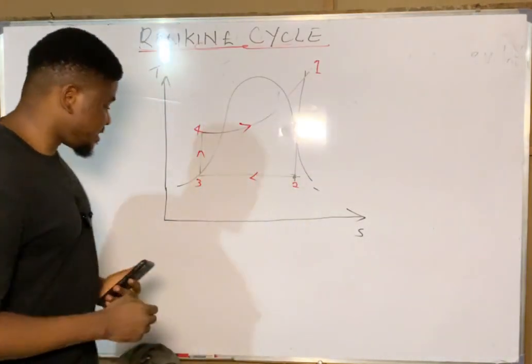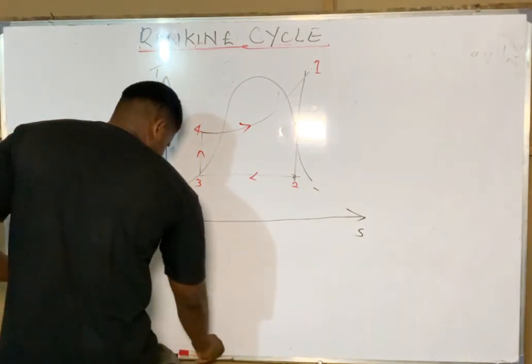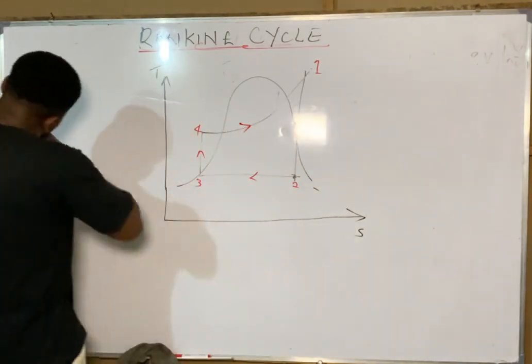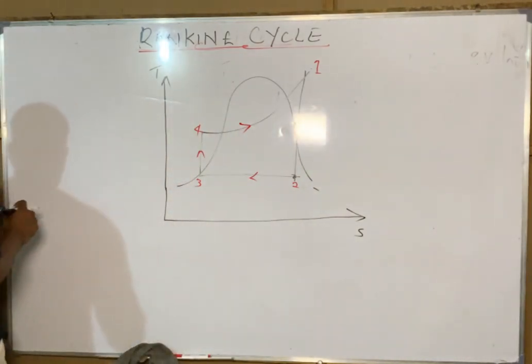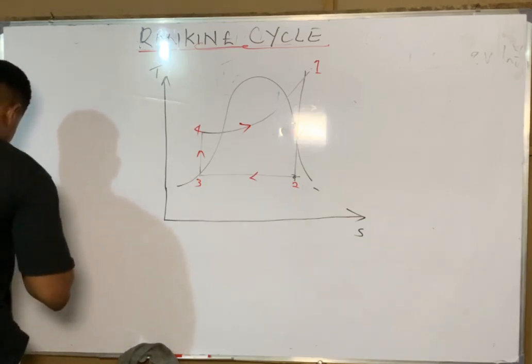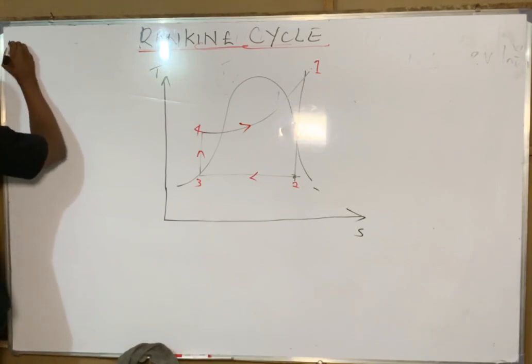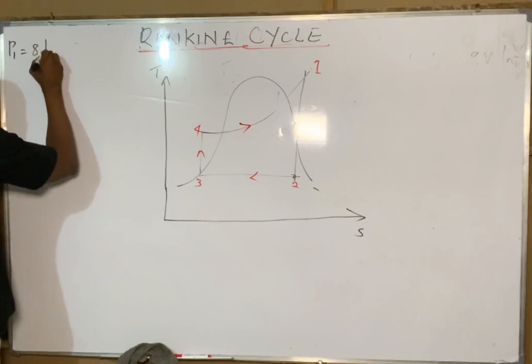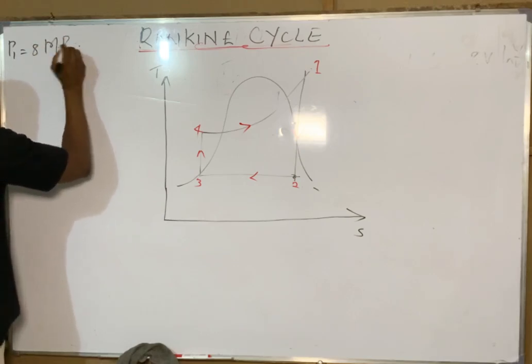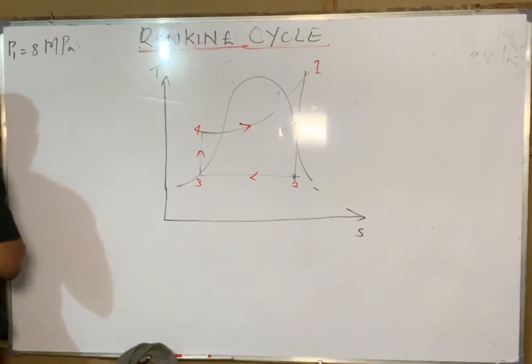Okay, so let's pick out our parameters. First, we are given that saturated vapor enters the turbine at 8 megapascal. So our pressure P1 equals 8 megapascal, and saturated liquid exits the condenser at 0.008 megapascal.